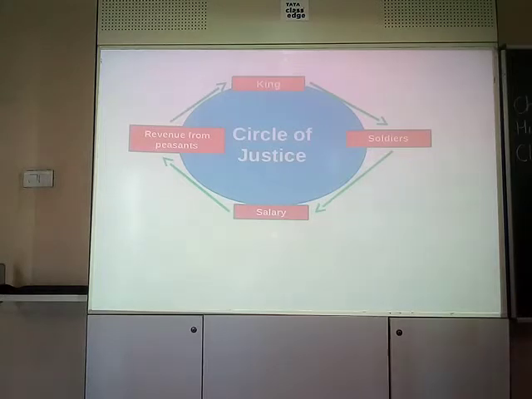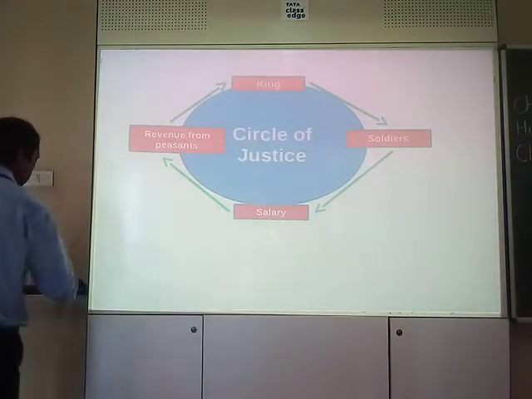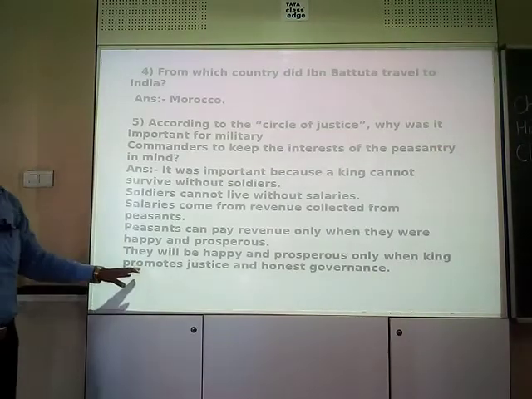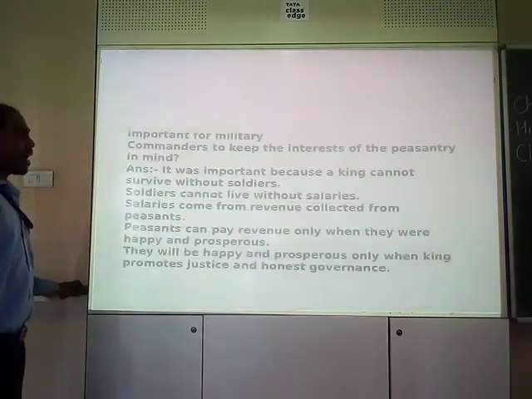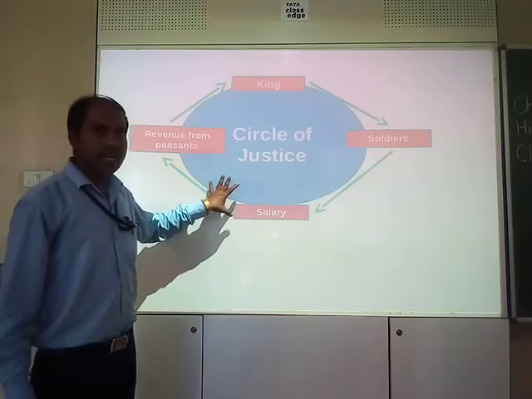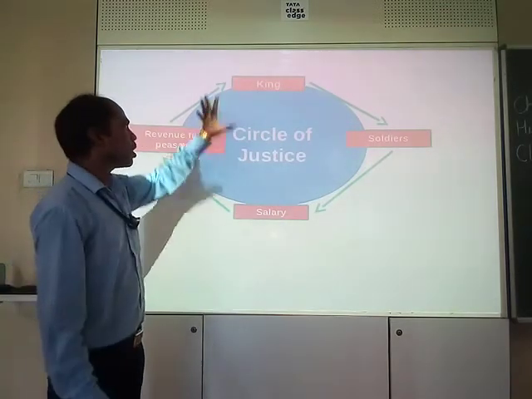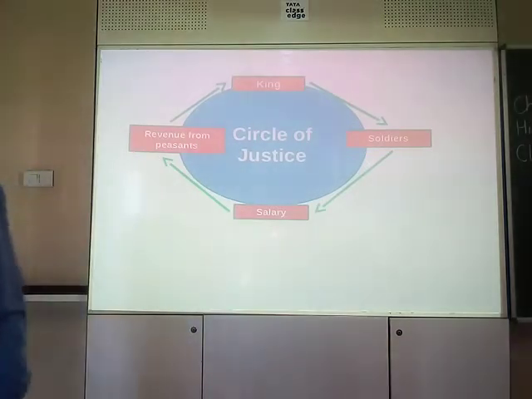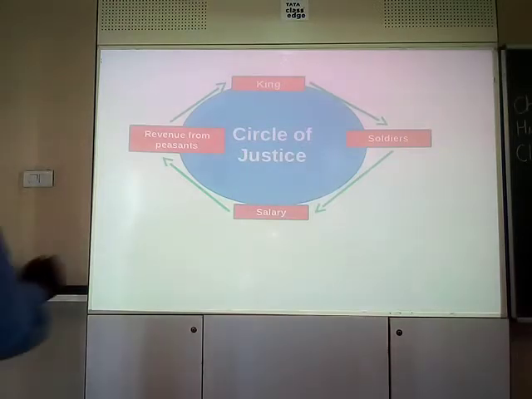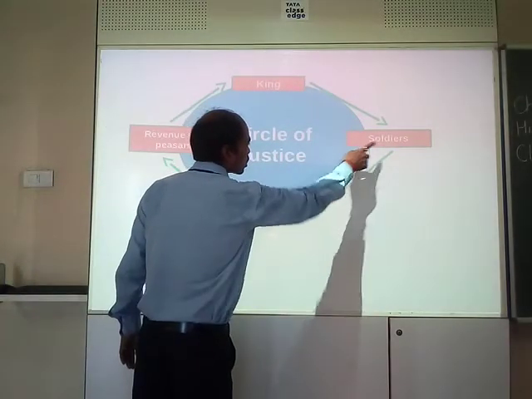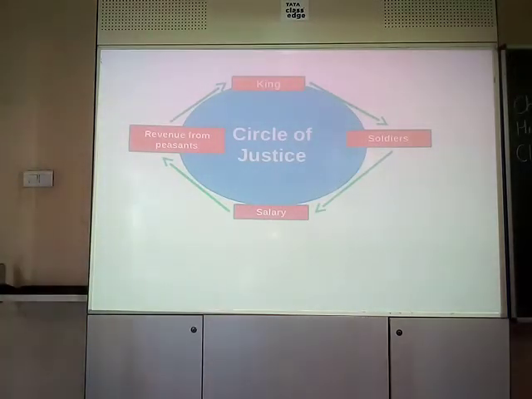You can note it down, or else the answer has also been written. So in any case, if you write the answer in this fashion, that is also correct. If you make the diagram, then it also becomes necessary to write 3 to 4 points, because from the diagram it's not very clear why I have related the king to soldiers, soldiers to salary, salary to revenue from peasants, and so on.